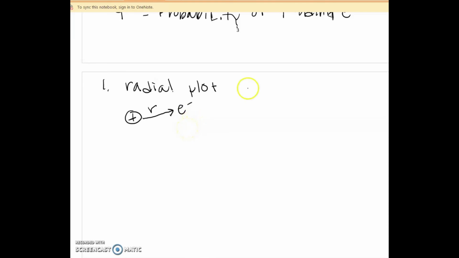So we'll take our plot here, and this is our probability, psi squared. And here on the x-axis is our r.